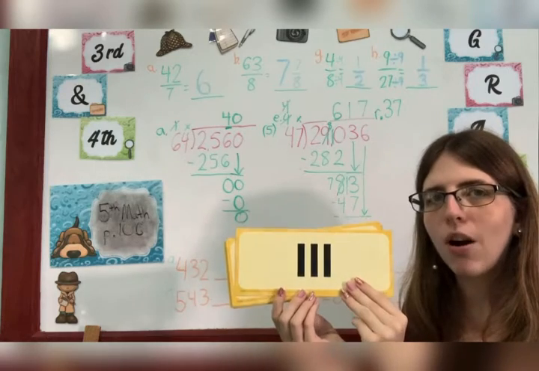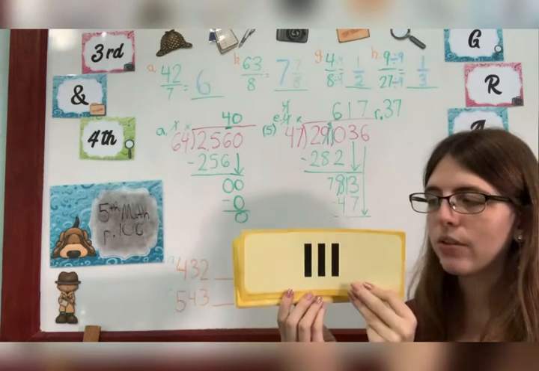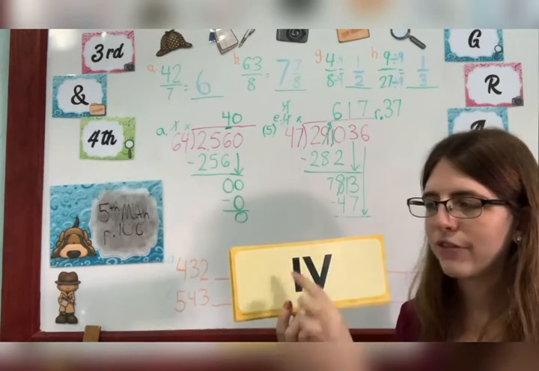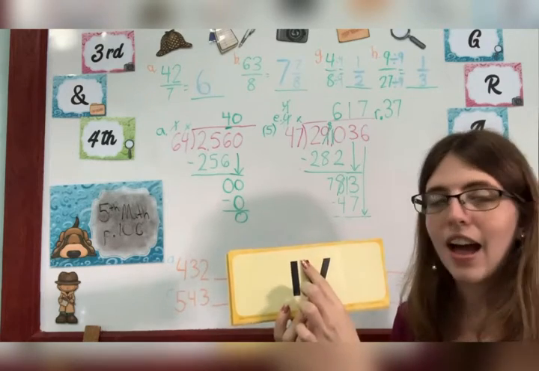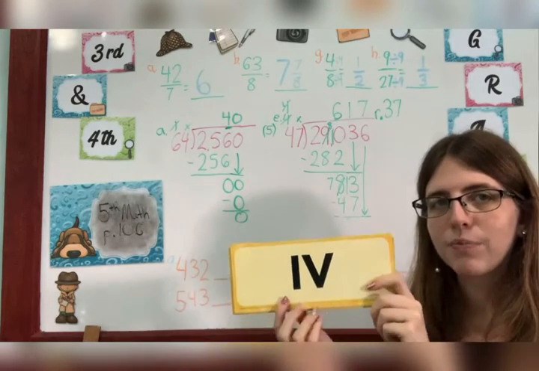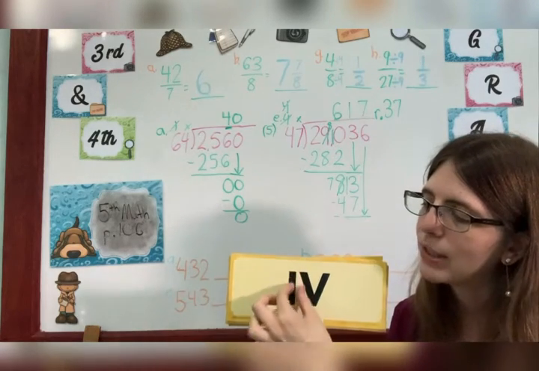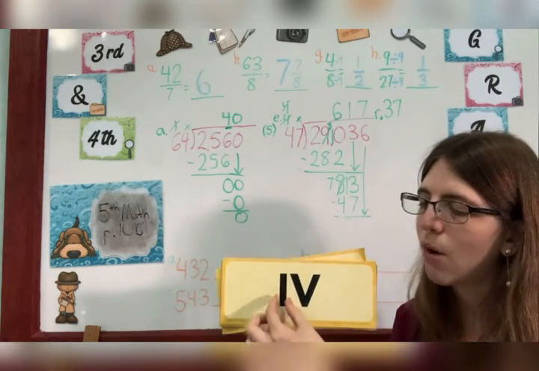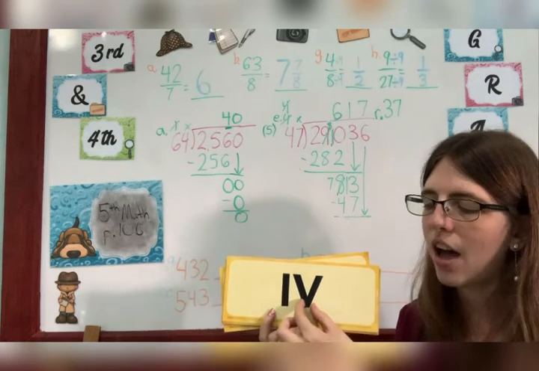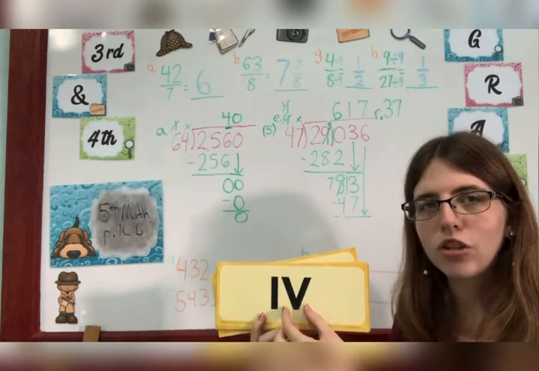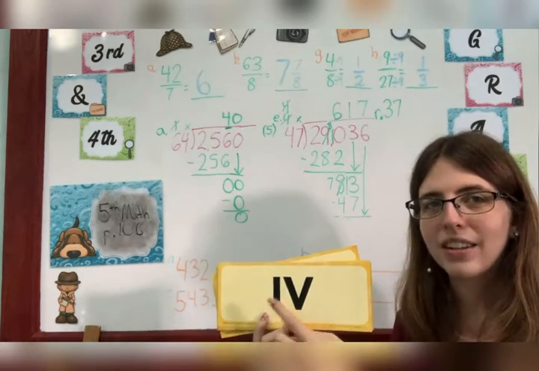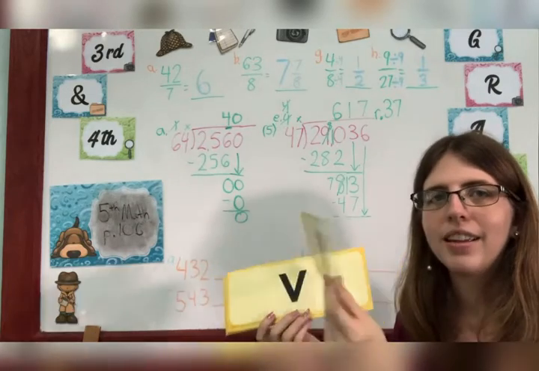So to make 4, I have to do something else. I have to use a 1 and my symbol for 5. When I have a smaller symbol in front of a larger symbol, that means subtract. So 5 minus 1 is 4.